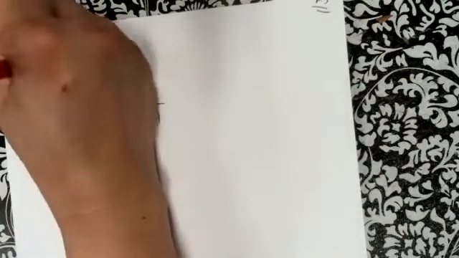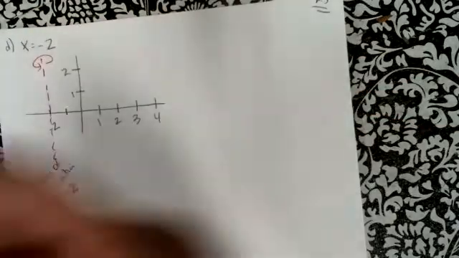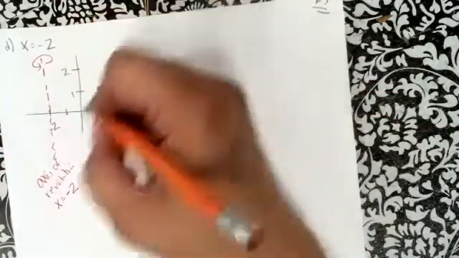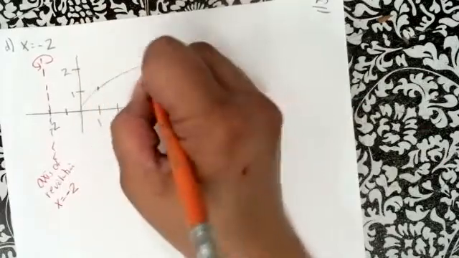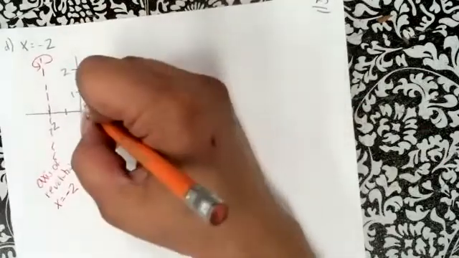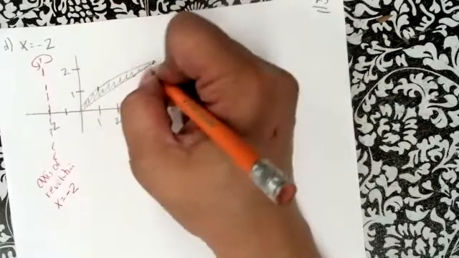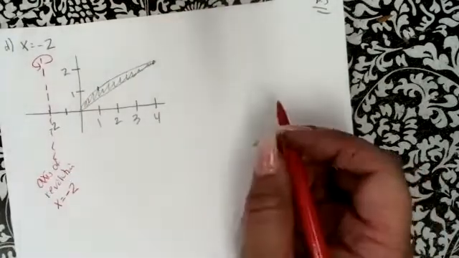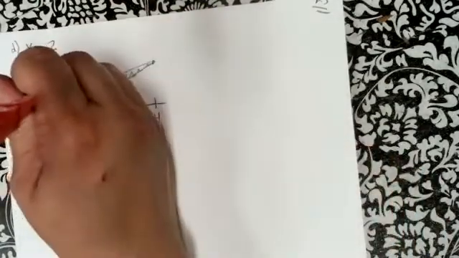So if this is the axis of revolution, here's my curve. Here's my straight line. This is going to be another dy problem.